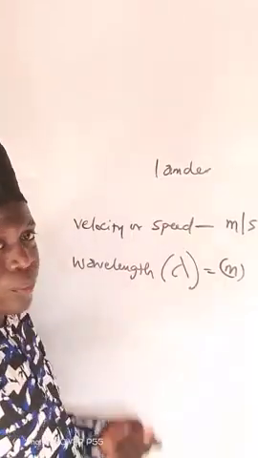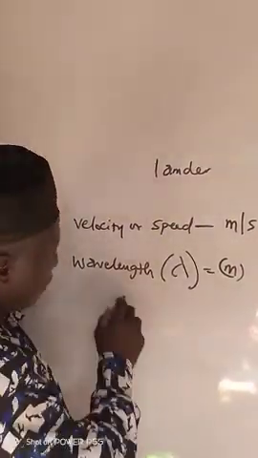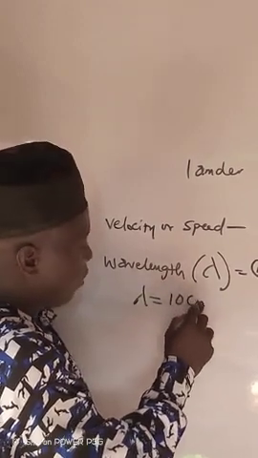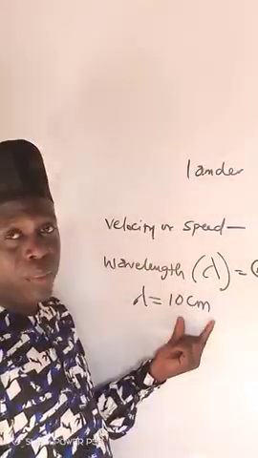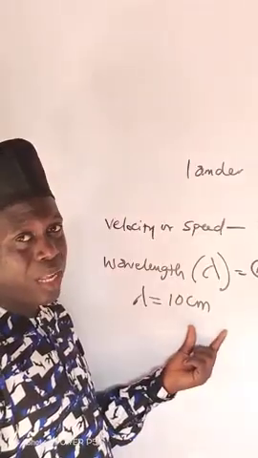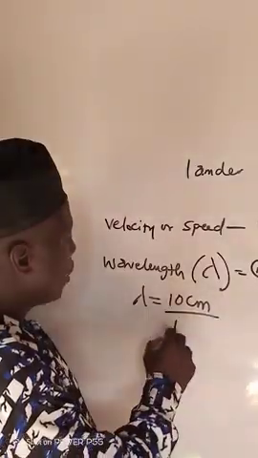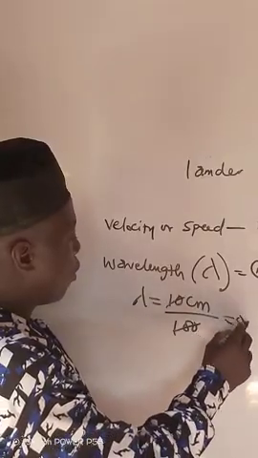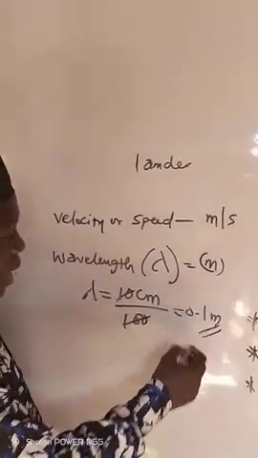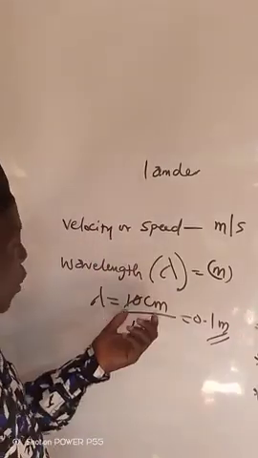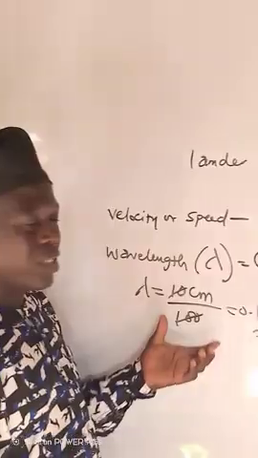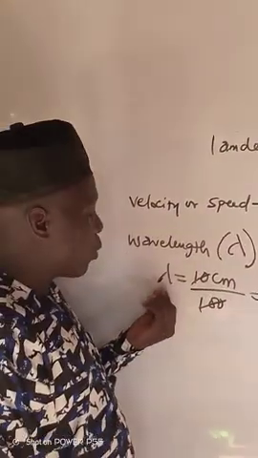In a question, if you have been given, for instance, that your wavelength is equal to 10 centimeter, you need to convert it to meter. If you want to convert centimeter to meter, you just need to divide it by 100. This is going to give us 0.1 meter. That is how we convert centimeter to meter.